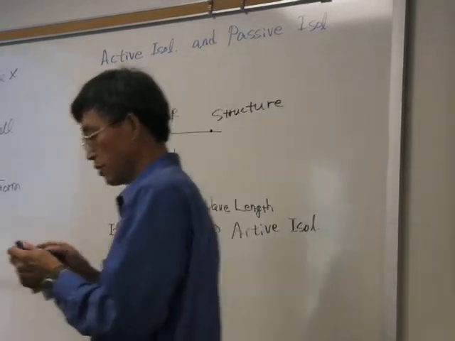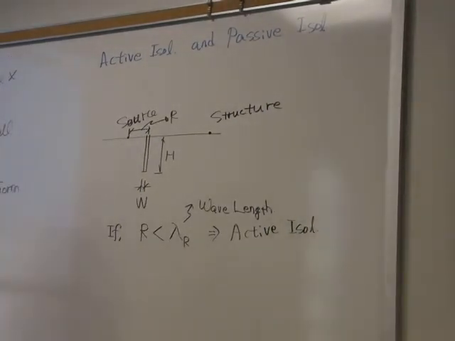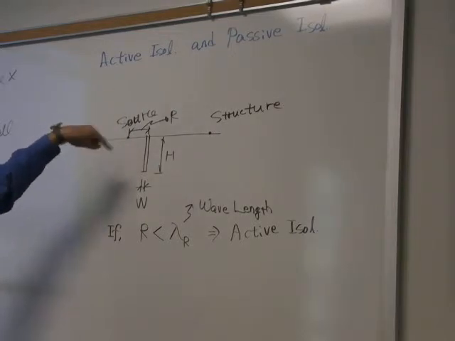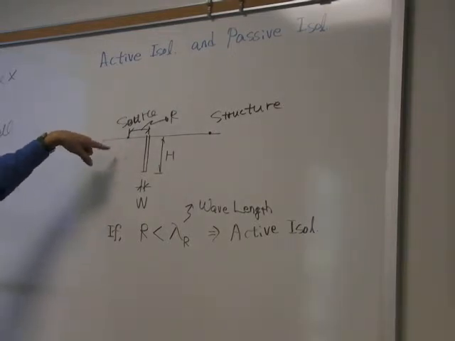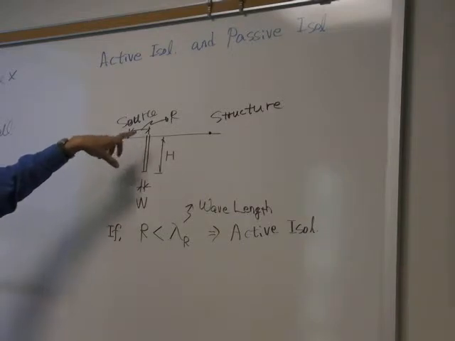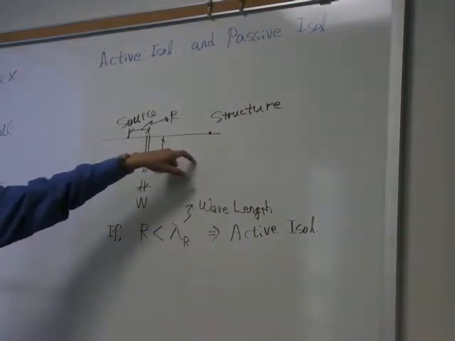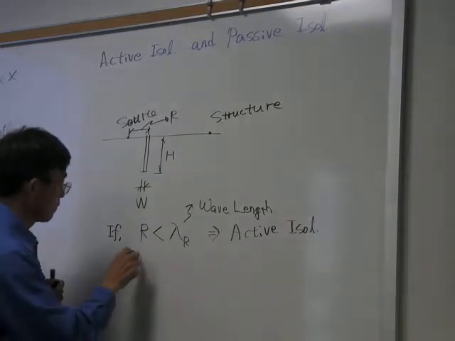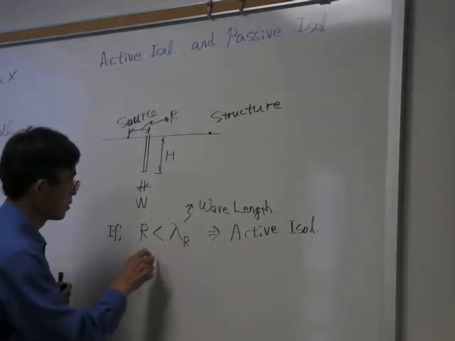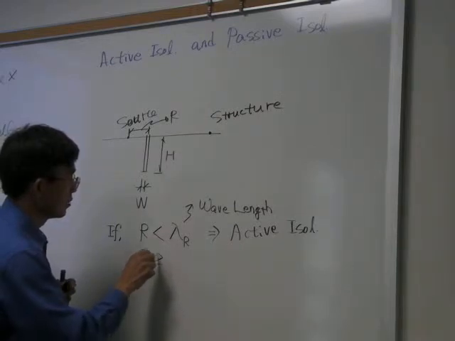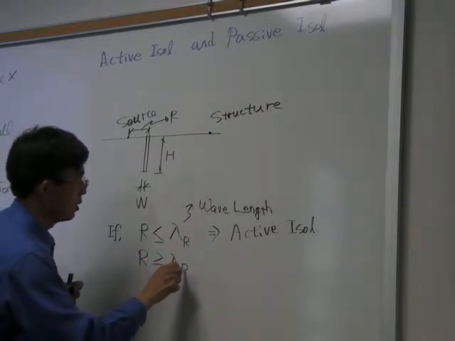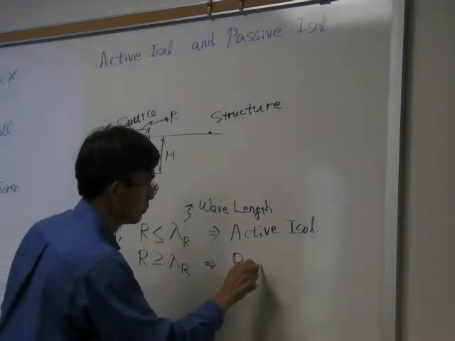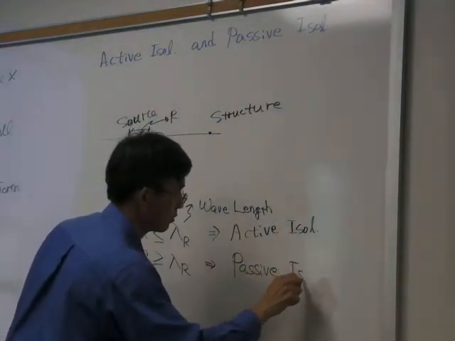Active isolation means we will try to control the vibration at the source. Then we don't have to worry about the high amplitude or whatever vibration problem somewhere outside. If R is longer or equal to lambda R, usually that is called passive isolation.